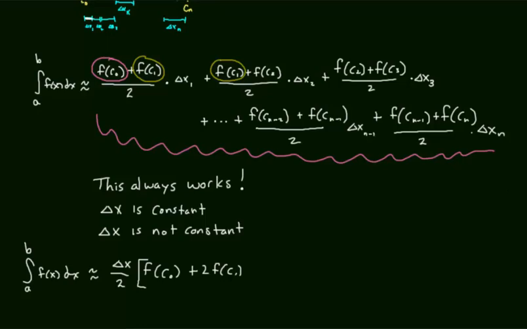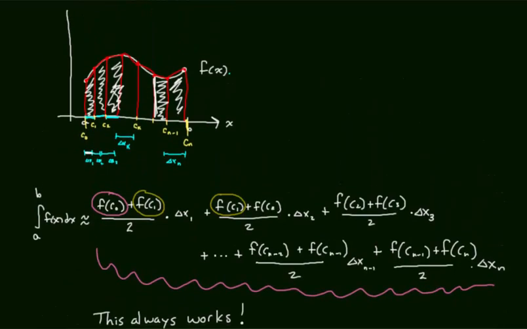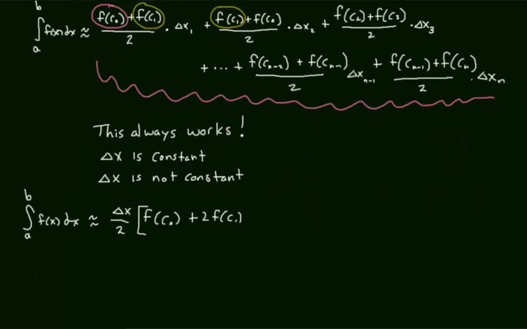I would like to come up here and look at that for a moment. So this first trapezoid has this base over here. But the second base, I need a different color, the second base over here is going to be shared with the trapezoid to the left and the trapezoid to the right. In fact, all of the ones inside will be shared. So we'll have 2 times f of c2 plus 2 times f of c3 plus, and that pattern continues.